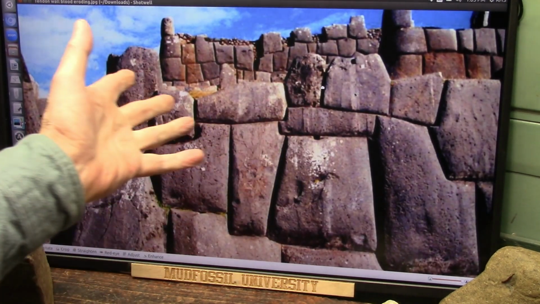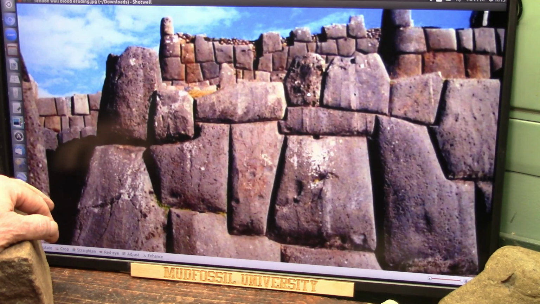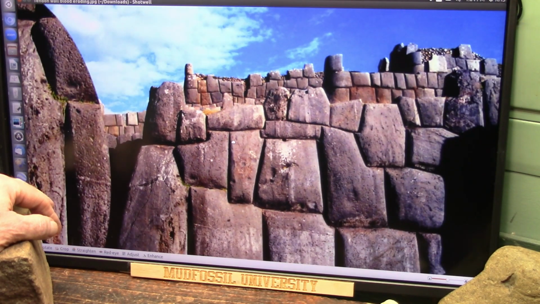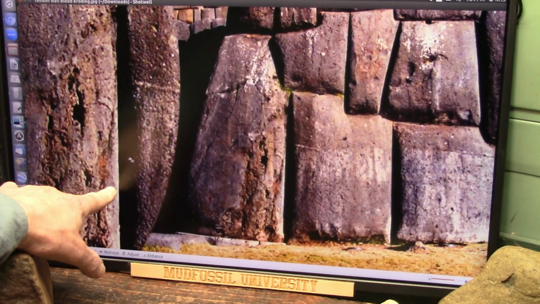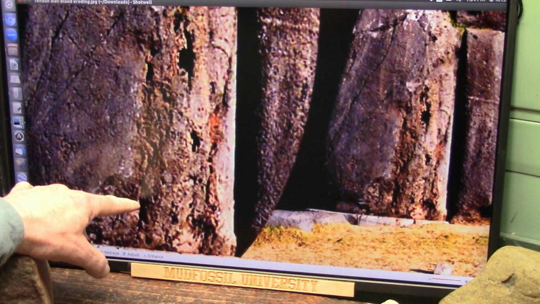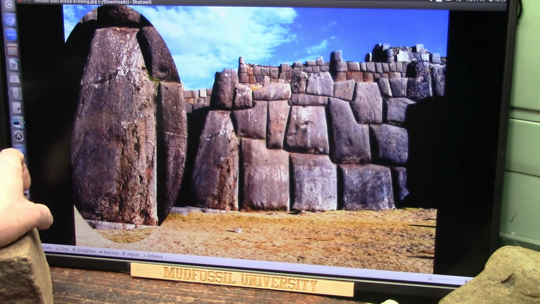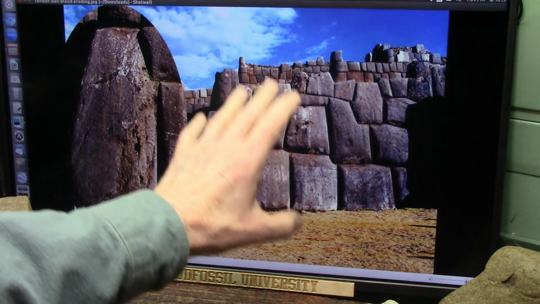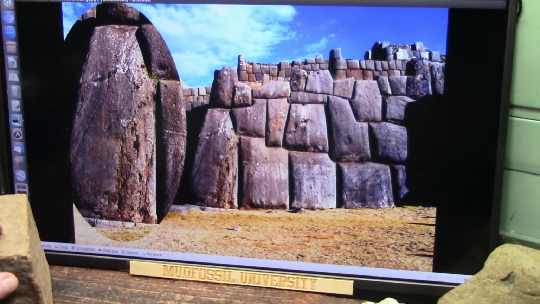That's just like a rotten piece of meat. So I don't know what happened here, but this is the result, this thing right here. That's the bone. That's where the bone was, in the center. So normally they had some really good places, and then they had places like this.